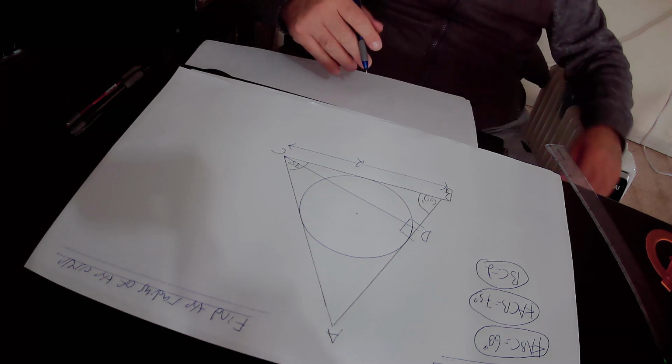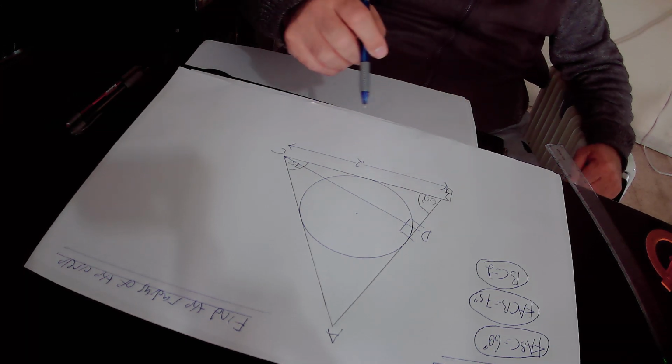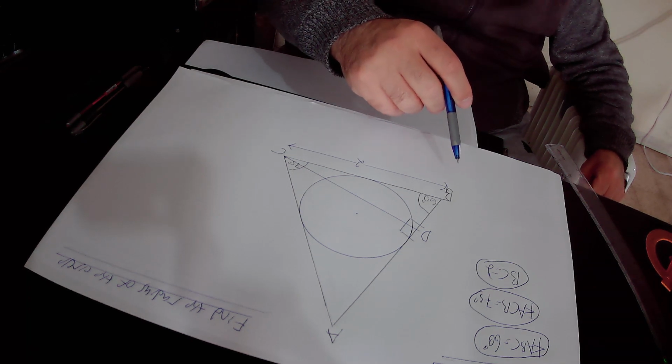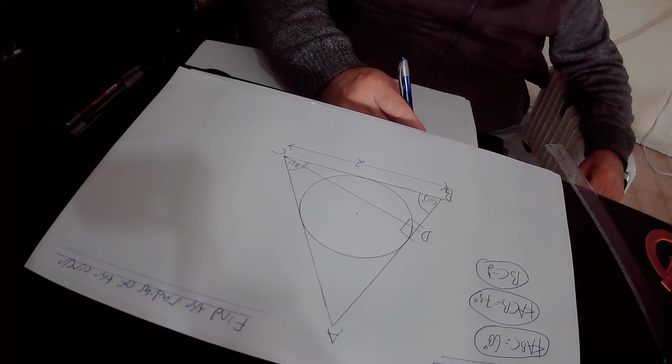In the next step we will focus on the right triangle BDC, so we'll copy this right triangle BDC onto a new page and analyze it.